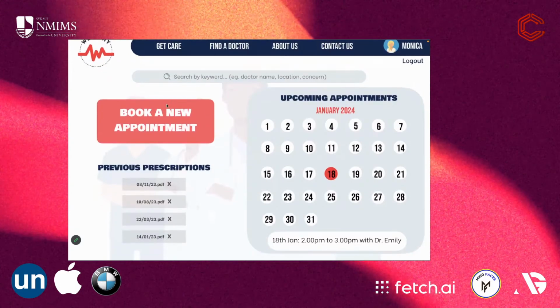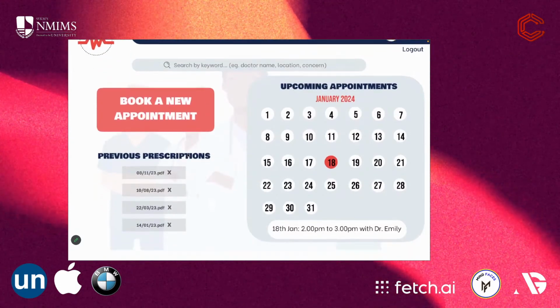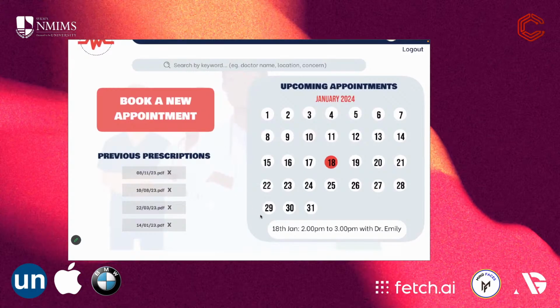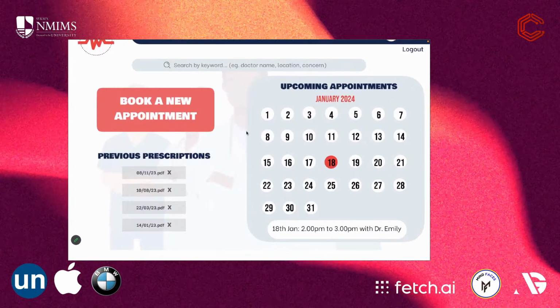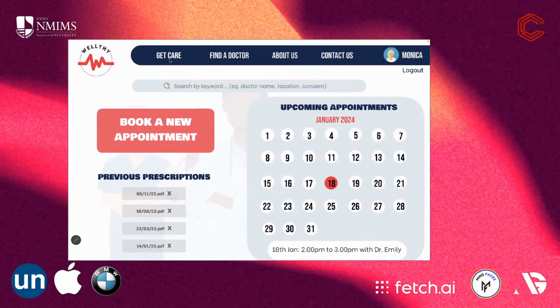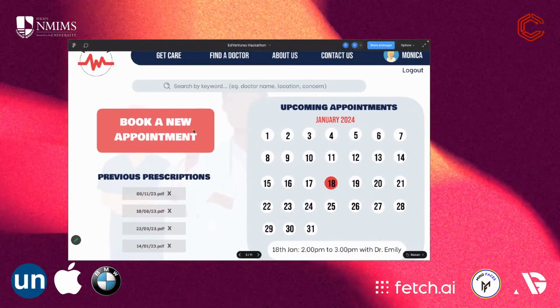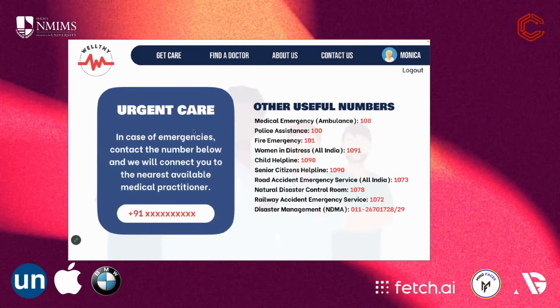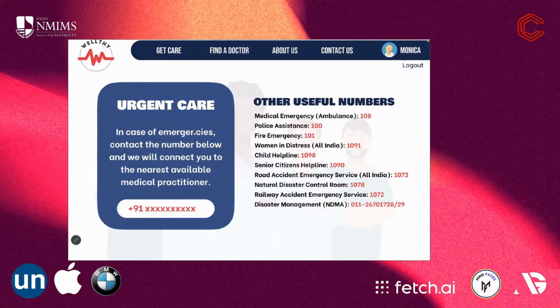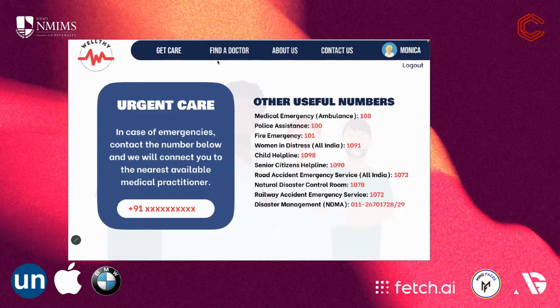Over here, you can see an option to book an appointment, any previous prescriptions that you might have uploaded, any upcoming appointments on a calendar, and a couple of options on the top. If you go for get care, there are urgent care numbers or medical emergency numbers.